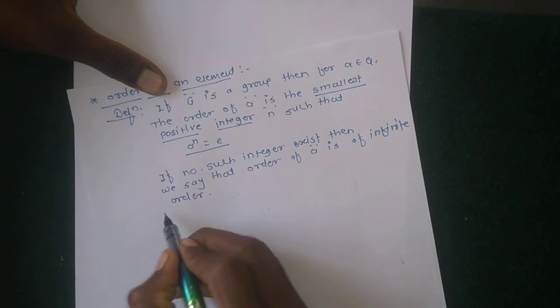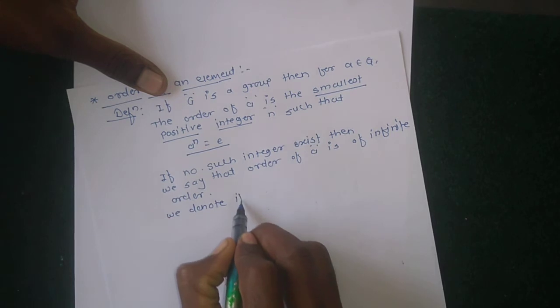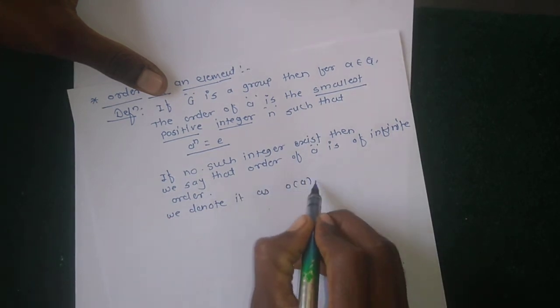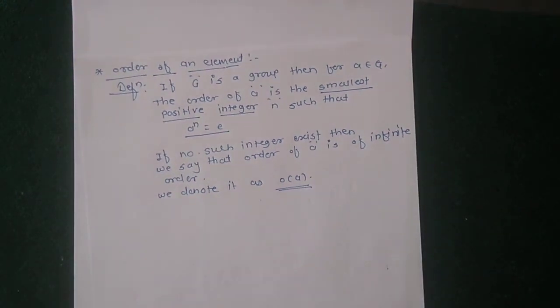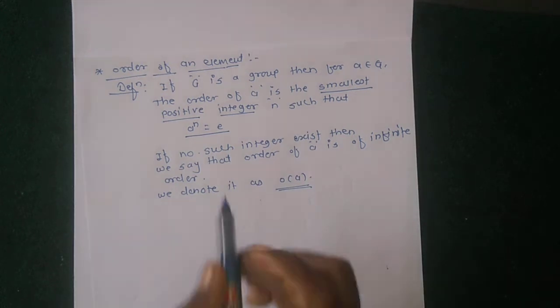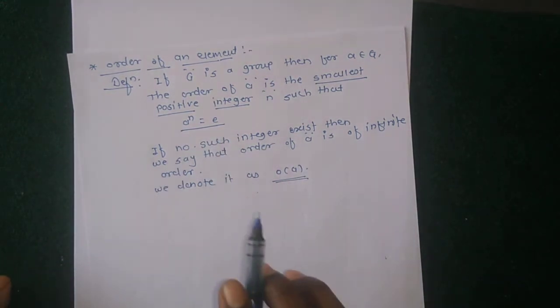We denote the order of a by this symbol. If no integer n exists such that a raised to n equals e, then we say the order of a is infinity. If an integer n exists satisfying a raised to n equals the identity, then the order of a is n.